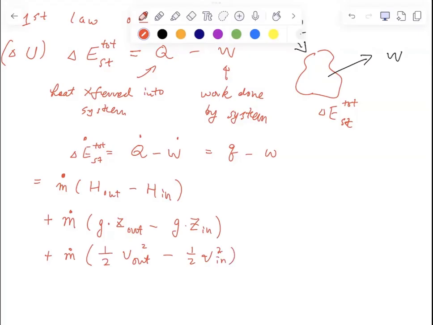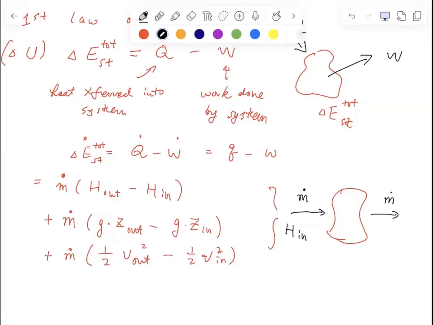And of course, for this type of case, we are talking about an open system where we have mass flow rate in and mass flow rate out. Usually if the mass doesn't change for the system, the two flow rates are the same.